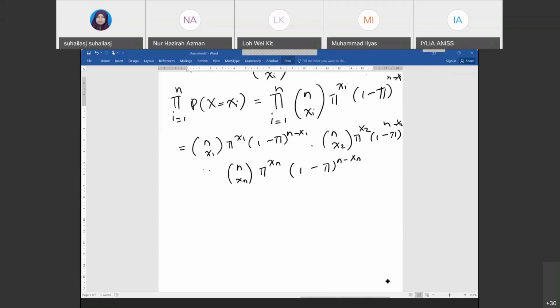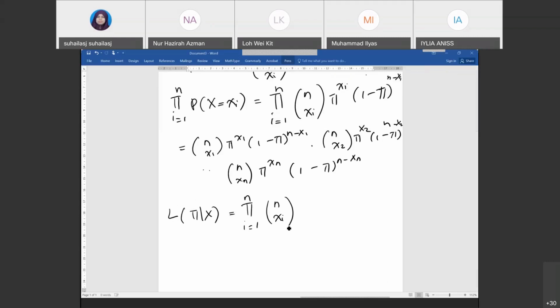Okay. So sekarang ni kita nak simplify kan. So maksudnya di sini you will have, again kita akan tulis balik lah L x. So you simplify, okay, product i equals to 1 up to n. Saya akan tulis macam ni dah. N choose xi. Maksudnya n choose x1, n choose x2, produk produk benda tu.